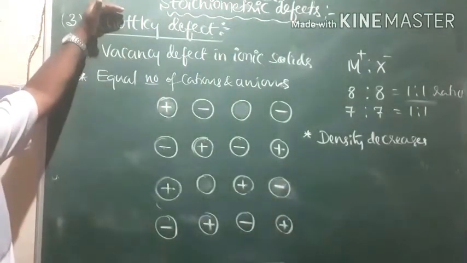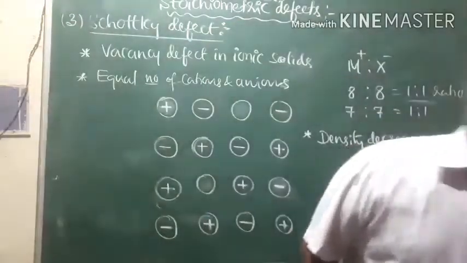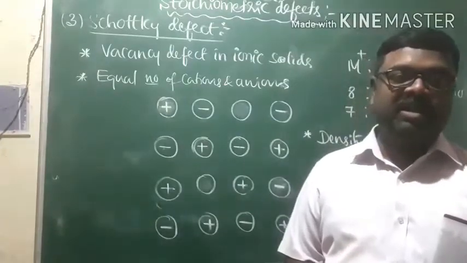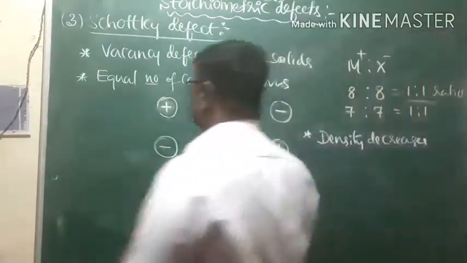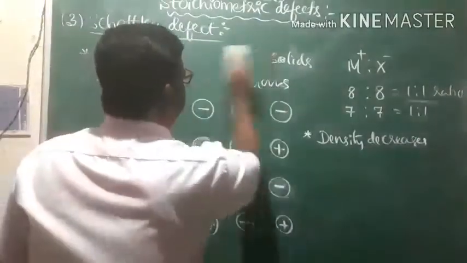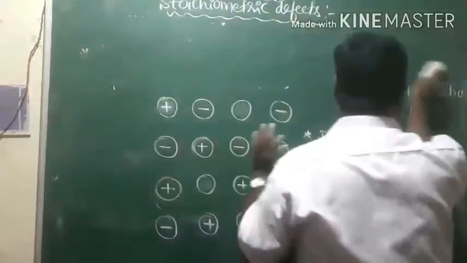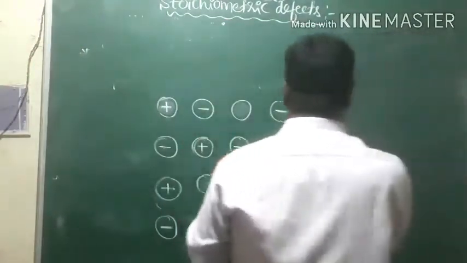So what kind of ionic crystals will show this particular defect? Or under what conditions does this defect take place? Not all ionic crystals undergo Schottky defect, but there are some conditions under which Schottky defect takes place.